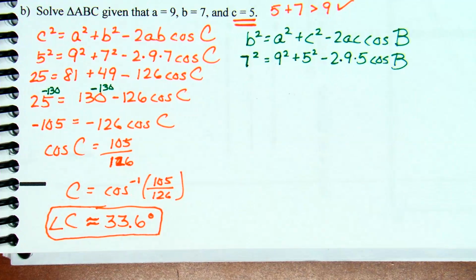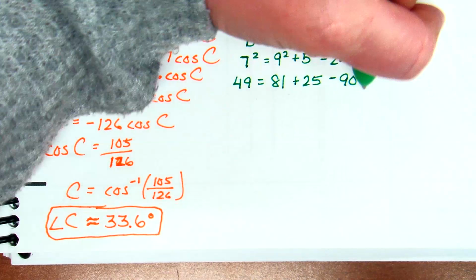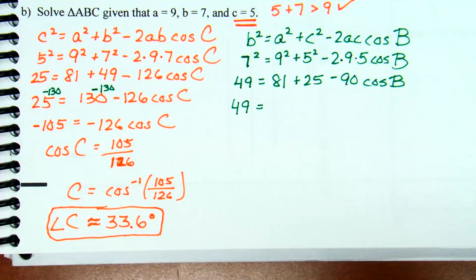You guys kind of have an idea of what you're doing here. 49 is equal to 81 plus 25 minus 90 cosine B. If I go ahead and add my 81 and 25, 106 minus 90 cosine B.